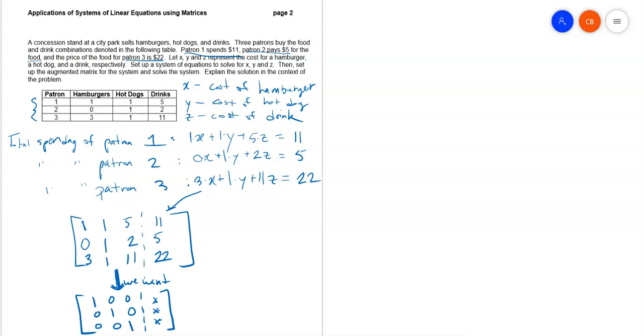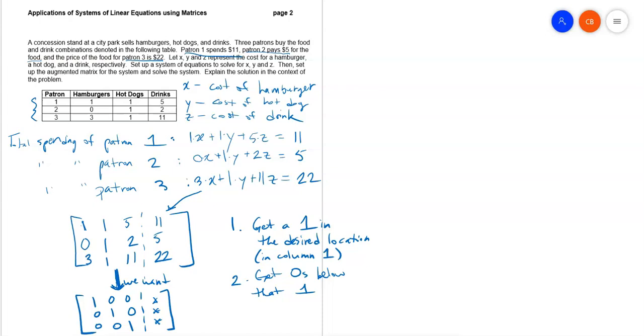Now, the first step of what we would want to do, we should get a 1 in the desired location for each column, starting from left to right. So in this case, in column 1 to begin with, we want to get this 1 that's right here. That should be the first thing that we would want to do. Get this 1 that's in the top left. And then step number 2, we will get zeros below that 1.